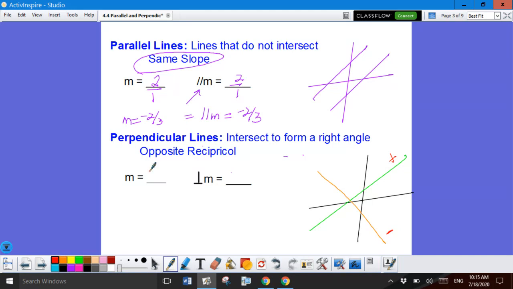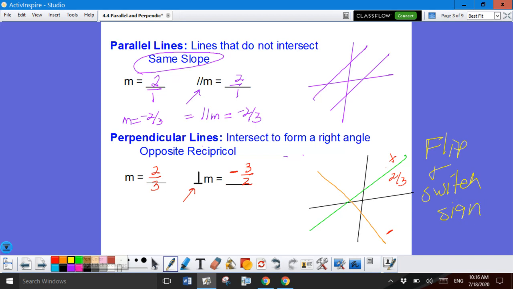So let's say that my slope is 2/3 on this positive line. My perpendicular slope, and look at this symbol, that upside down capital T means perpendicular, is going to be a negative 3/2.